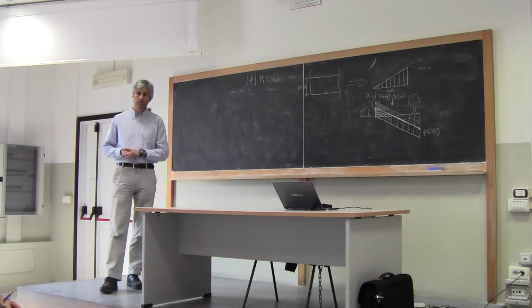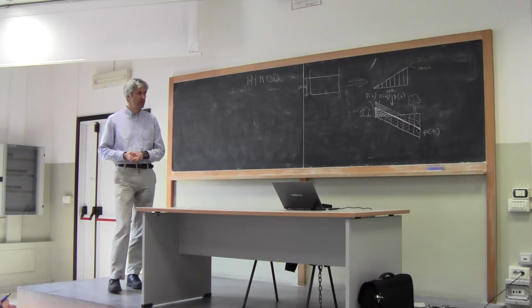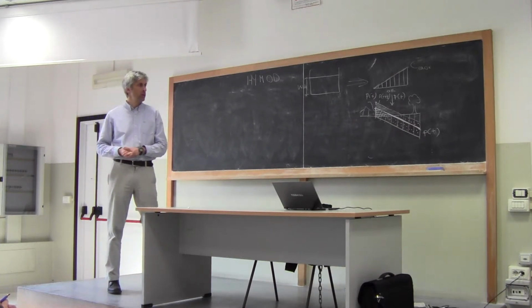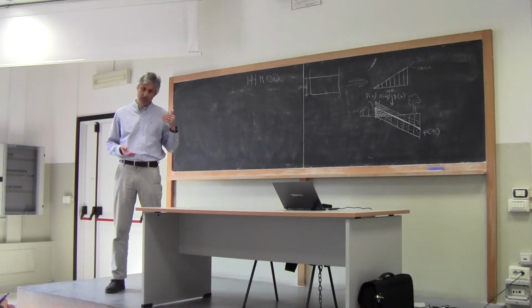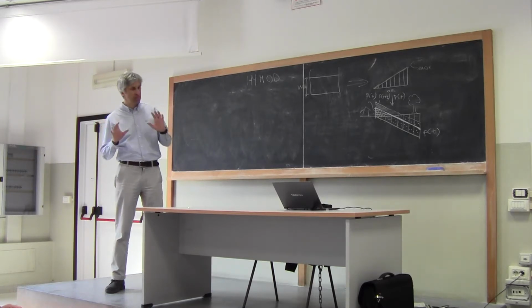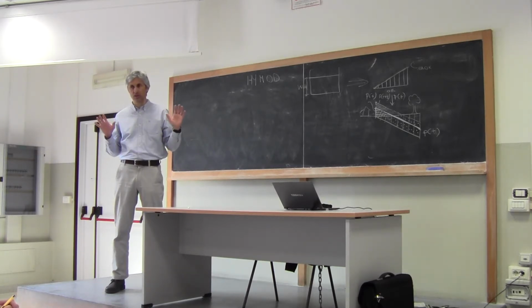But for example, if T plus 1 is 1 hour later, after T, maybe the catchment dries. Okay, perfect. Good question. We are assuming in this scheme, and we will keep this assumption for a while, that there is no depletion of the catchment storage.